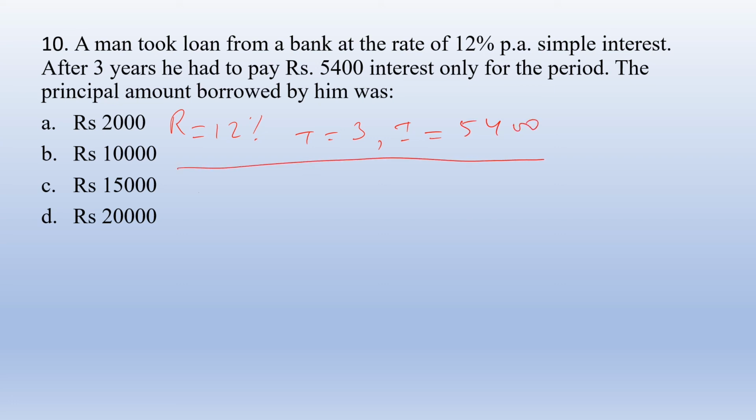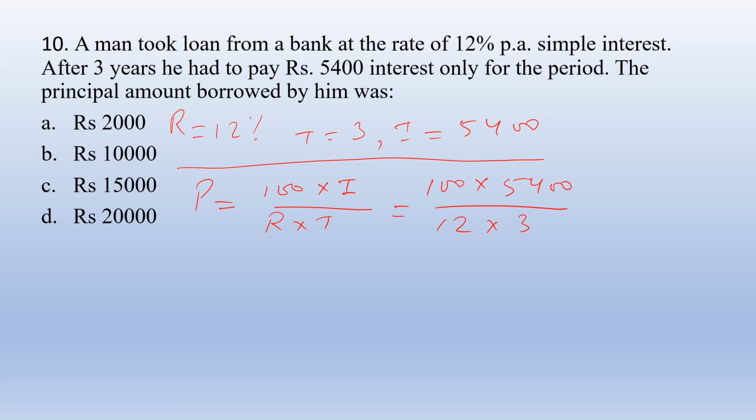We know the formula for finding principal is equal to 100 multiplied by interest divided by rate multiplied by time. It's equal to 100 multiplied by the interest 5,400, divided by the rate 12 and the time 3 years.